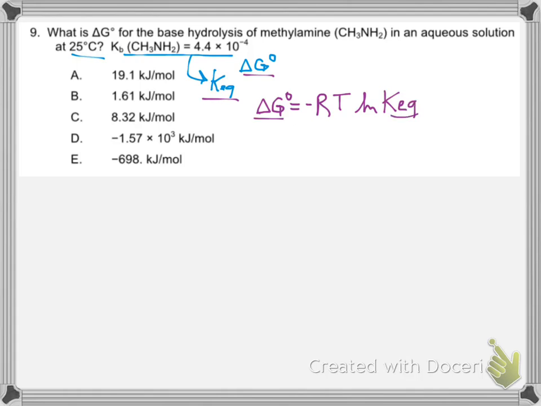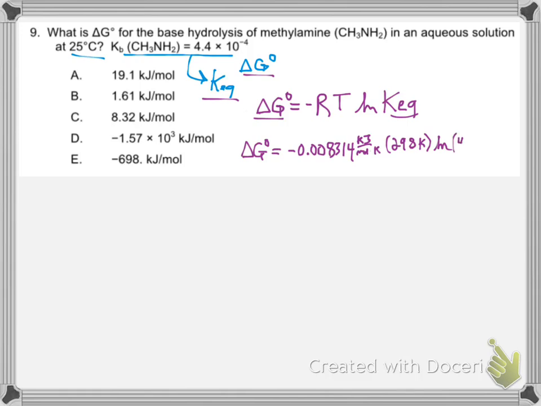So if we know one of these two entities, we can find the other one. So I'm just going to plug in our values here. Delta G standard is equal to negative R, which is 0.008314 kilojoules per mole Kelvin, times our temperature in Kelvin, which is 298 K, times the natural log of our KEQ, which again is just our Kb.